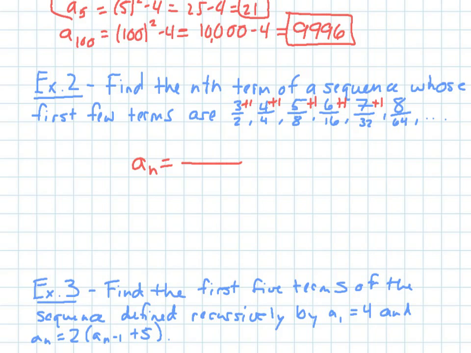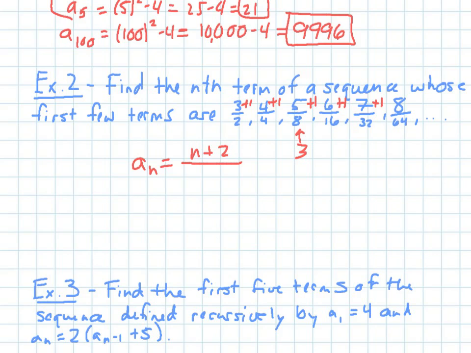So if I was going to do that, n plus 2 would get me to 3. And so if you want to check, make sure. So the second term, you plug in 2, 2 plus 2 gives me 4. The third term, 3 plus 2 gives me 5. Okay, so then that works for each one. So I've got the numerator covered.